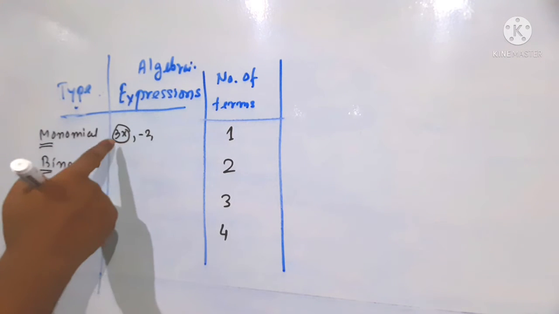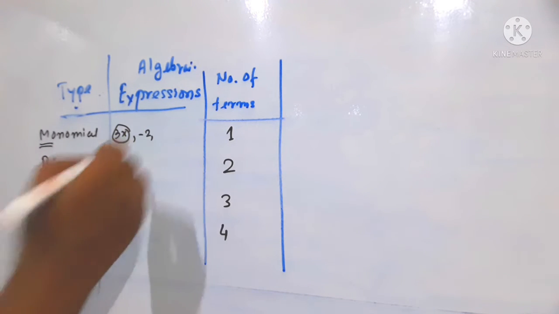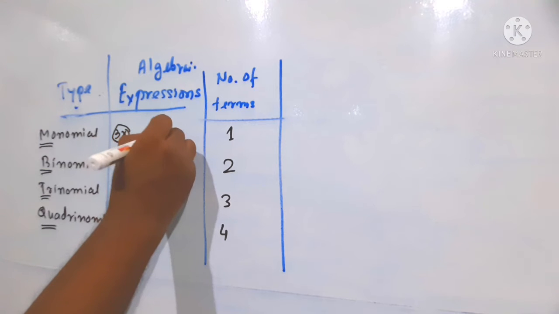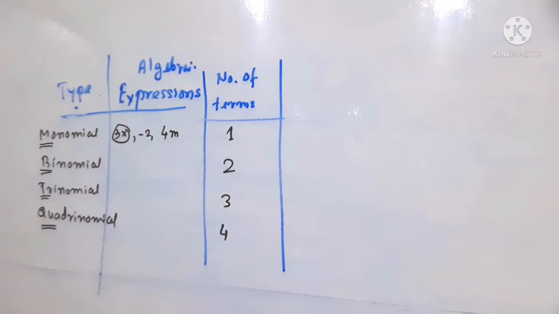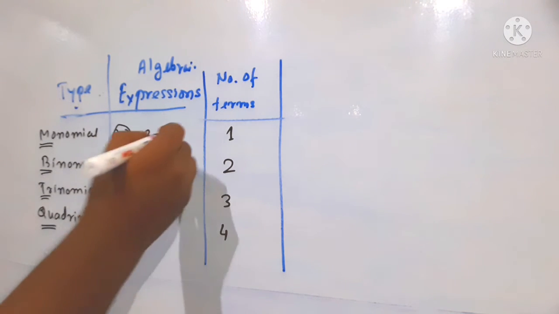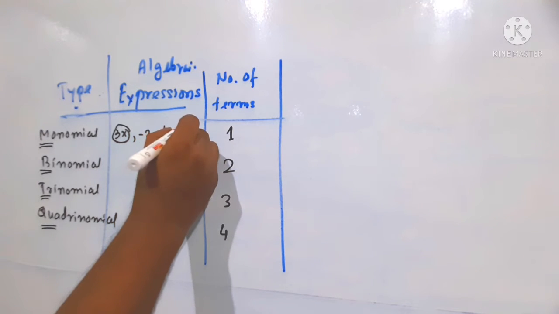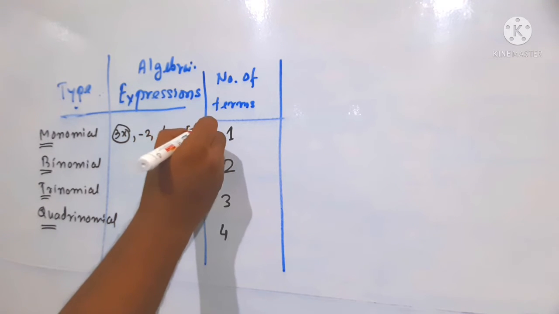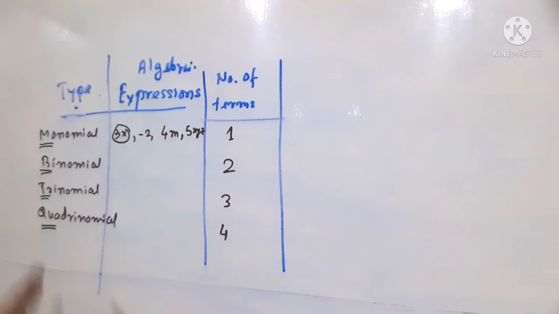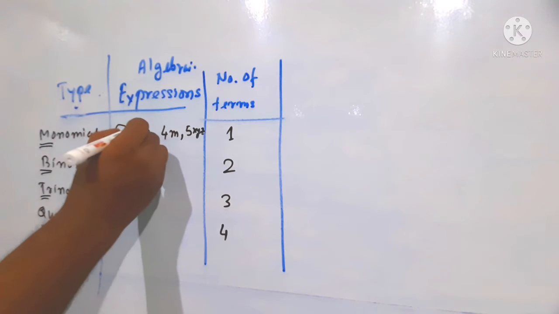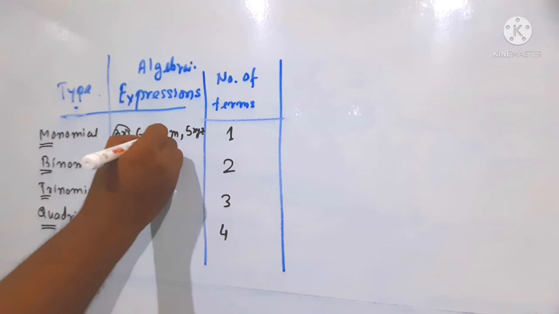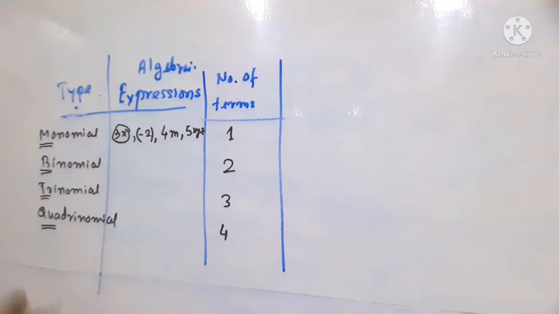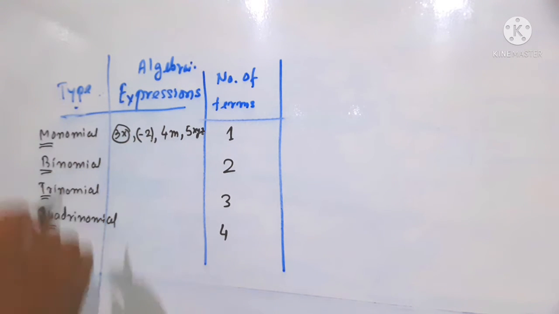When this is one term, 3x minus 2, and you can write 4m etc. Also you can multiply a composite 5xyz etc. So this minus is related only with 2. There is no number with this.